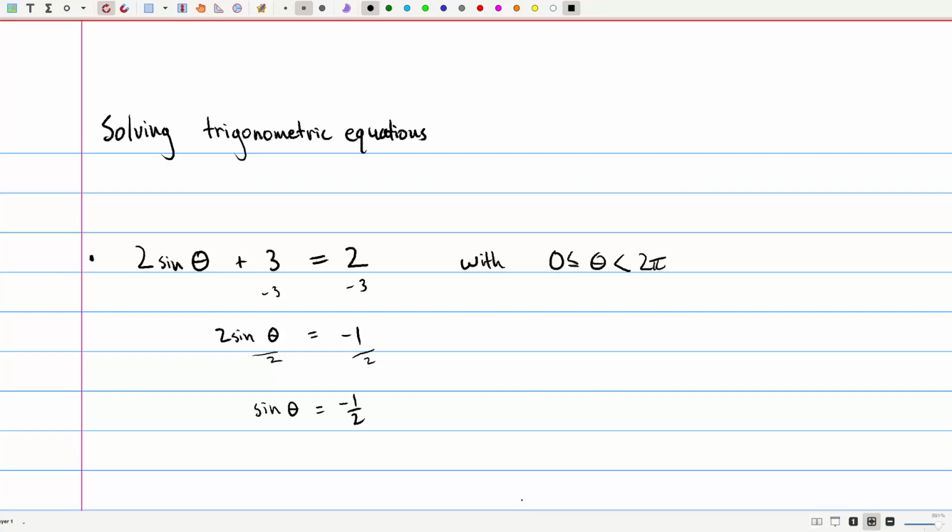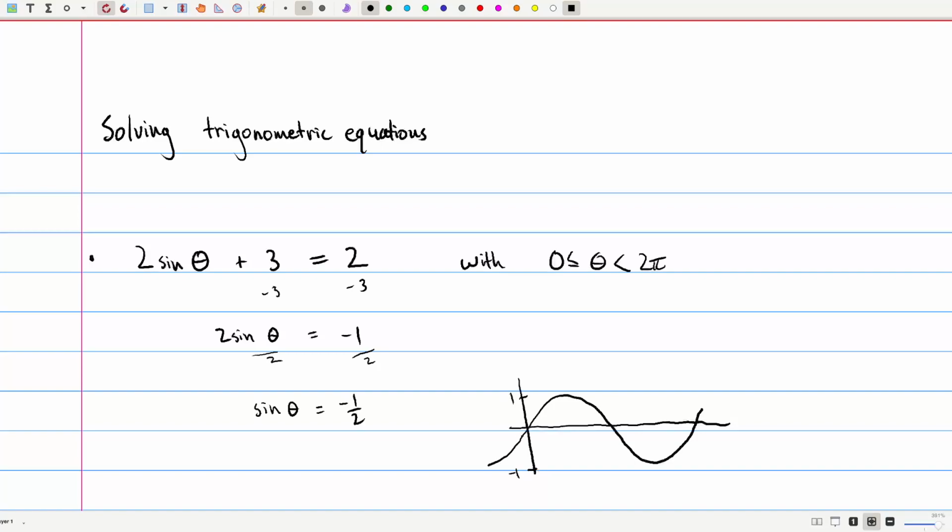At this point, it's generally a good idea to graph the functions involved to get an idea of how many solutions we're looking for and how we're going to apply inverse trigonometric functions. So we've got sine of theta. Sine of theta looks like that. It goes up to 1, goes down to minus 1.